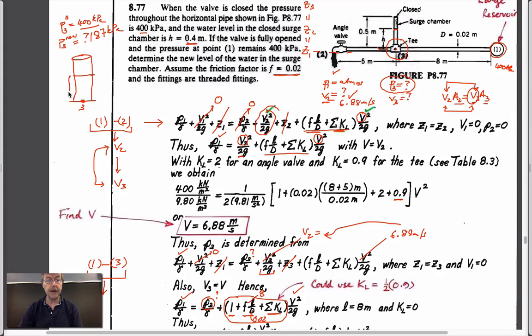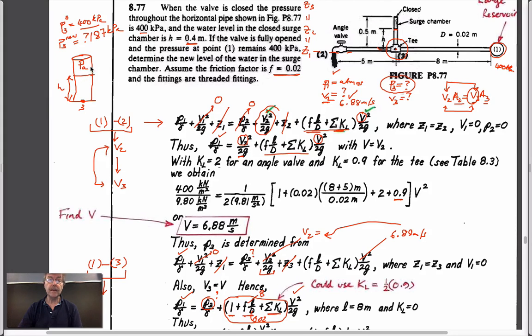This is some height, and this is the pressure of the air in there. Initially the pressure at point 3 was equal to this, and then it becomes equal to this. What else do we know about the system?